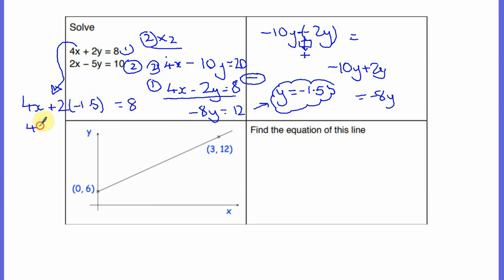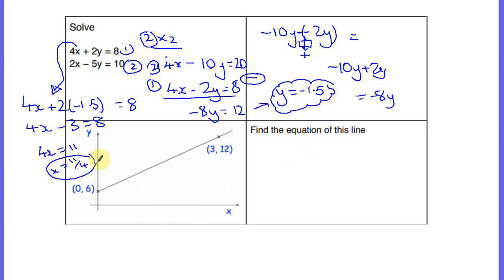So 4x minus 3 equals 8. So 4x equals 11, x equals 11 over 4. Not very nice answers, but they're not always going to be, so just be confident with your work in there.